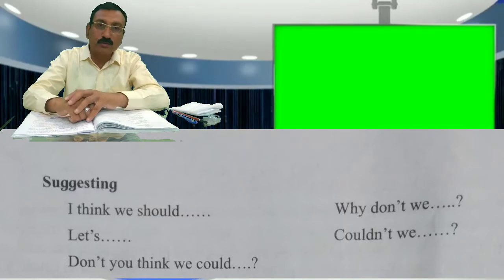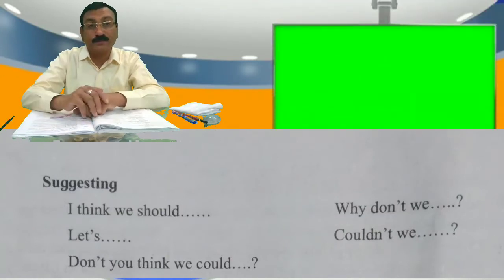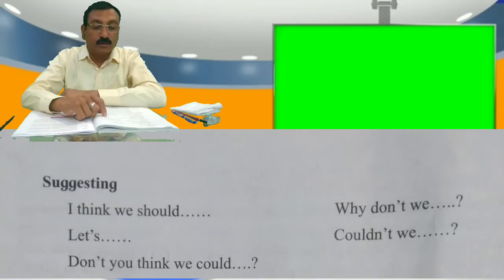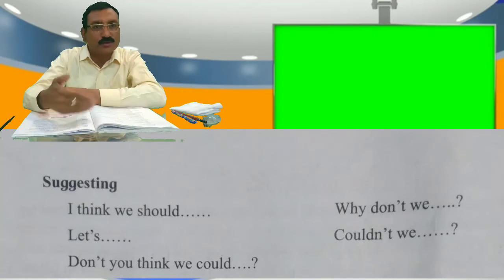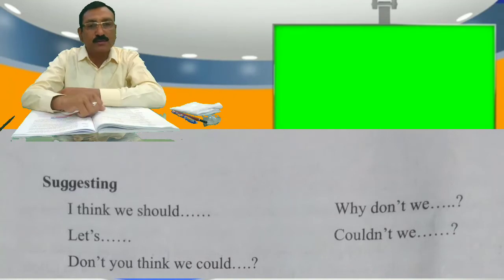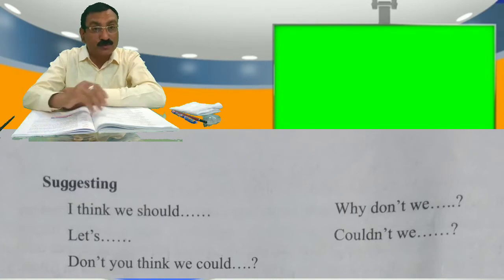Don't you think we could? Why don't we? This is the indirect way to suggest something to the participants. And the next way of suggesting is, couldn't we, and you can add your suggestion next to this expression. So these are some of the ways of suggestion in group discussion.